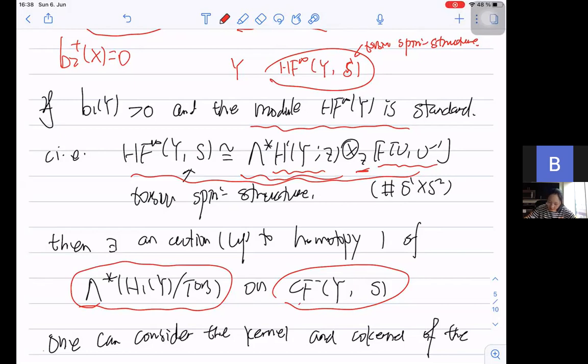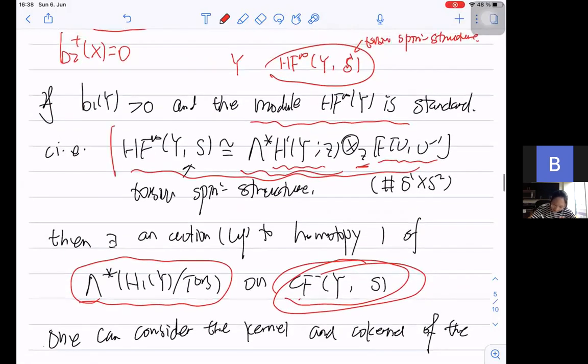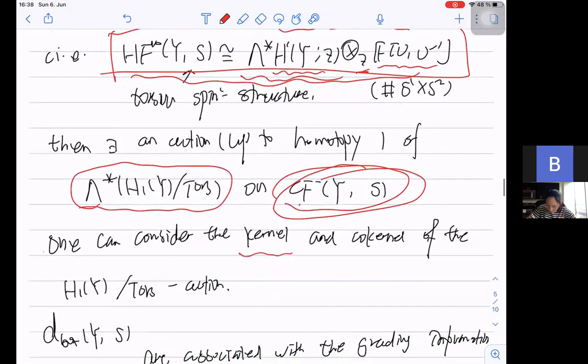For this action, you can talk about which submodule of the whole module is the kernel of this action and which submodule is the cokernel. This nice structure of HF infinity tells us the kernel will consist of one F[U, U inverse] copy with some U-torsion, and the same for the cokernel.